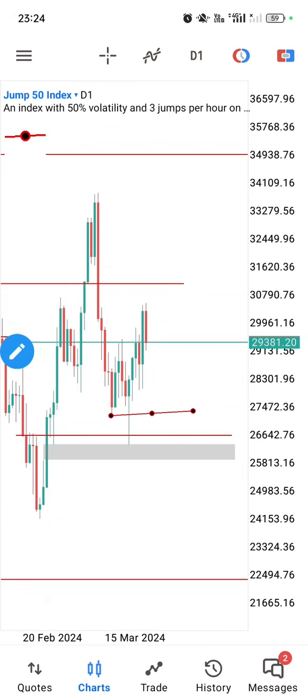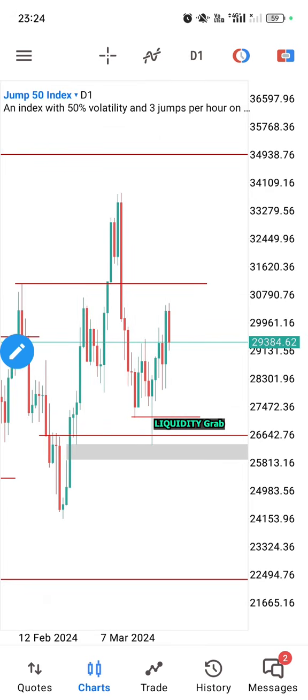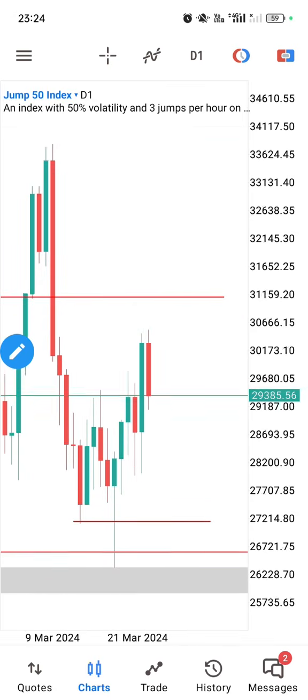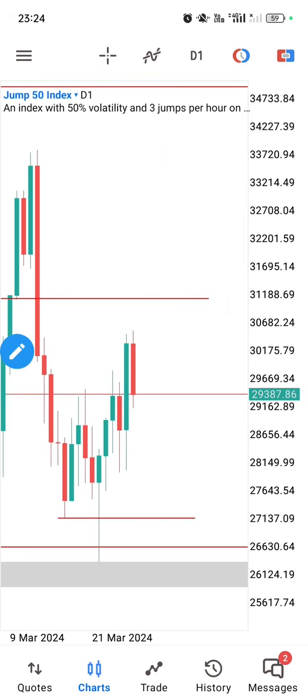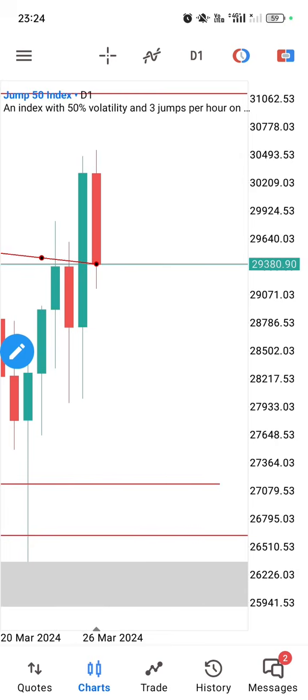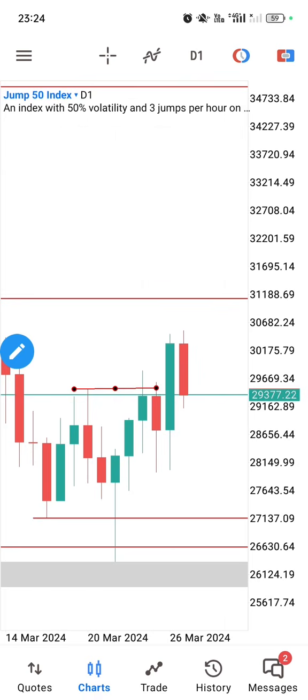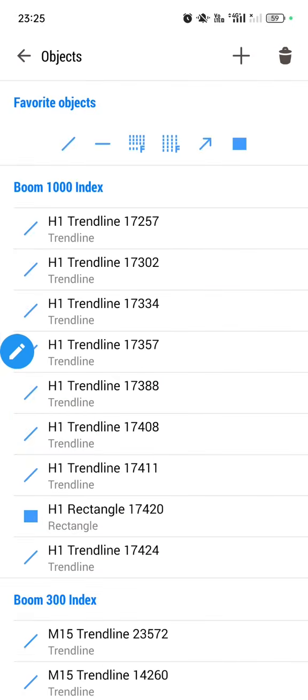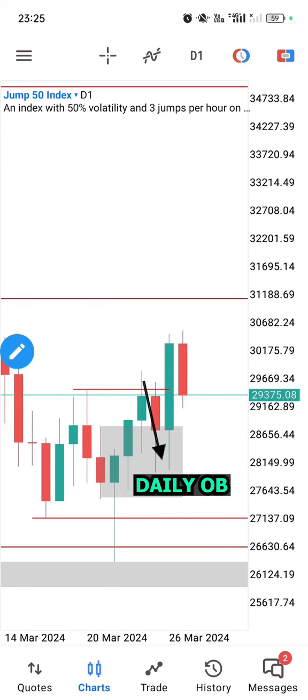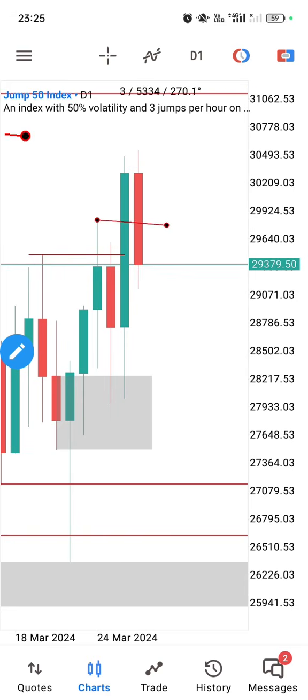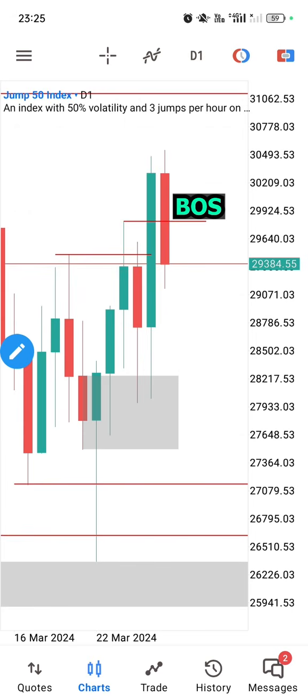Now if we see what it did before it reached there, it grabbed liquidity below, shot up, and made a break of structure above that high. After it made the break of structure, what did price do? Of course, it returned back down and hit the daily order block. After it hit the body of the daily order block, it went up to break structure again.